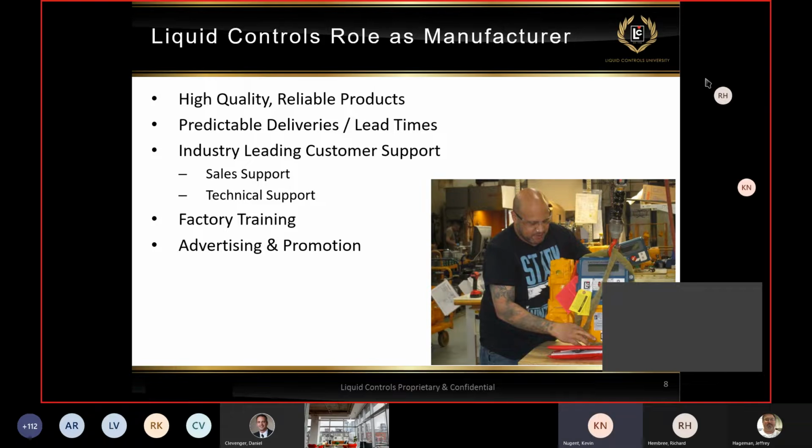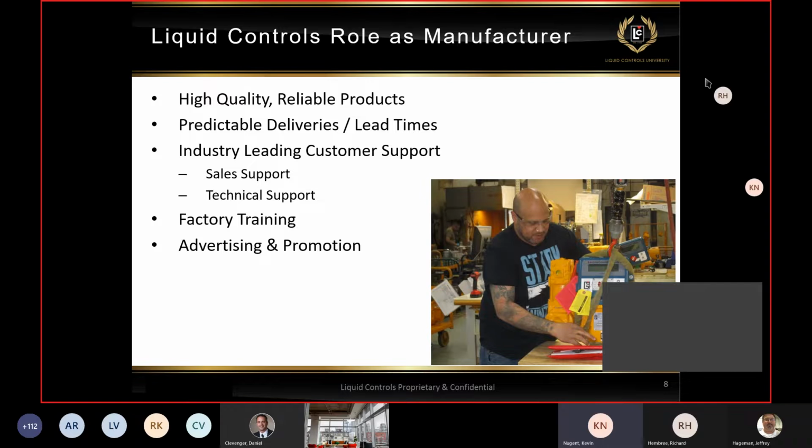3 years ago, we did this LC University at a hotel near O'Hare International Airport. We've done it at Liquid Controls factory over the years. And as we've grown, we've needed larger places to do it. And due to the conditions that we're currently surviving through today, we are able to present this to a much broader audience that includes you, and thank you for joining us.